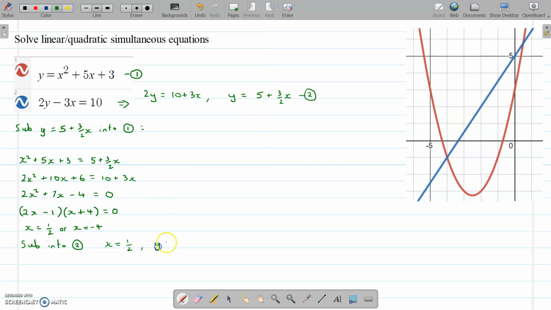y equals 5 plus 3/2 times 1/2, which is 5 plus 3/4.